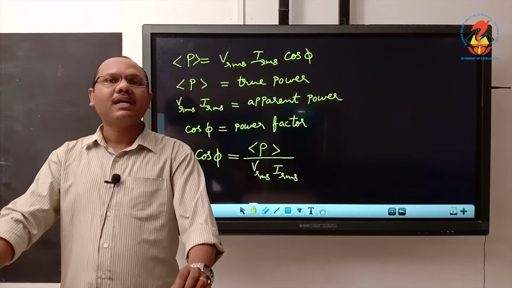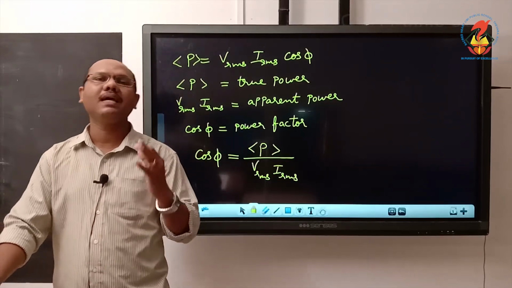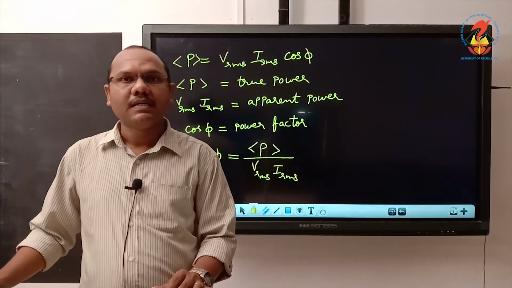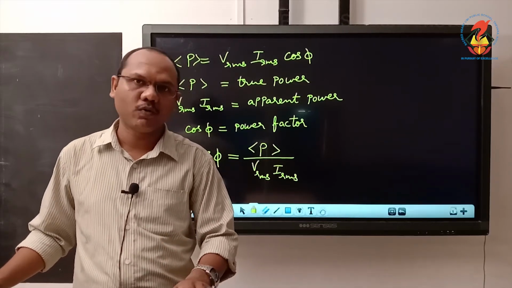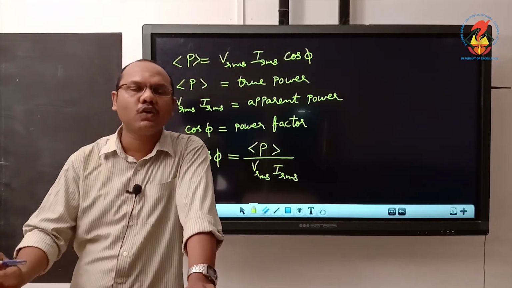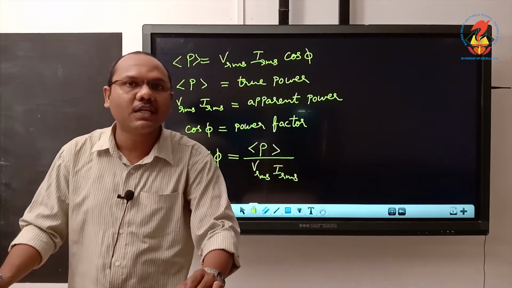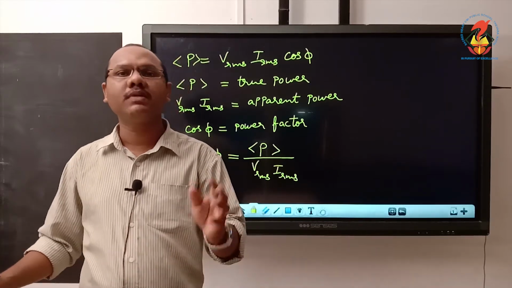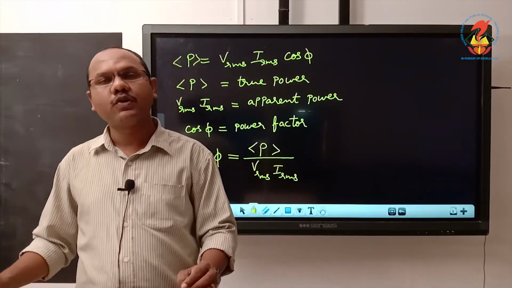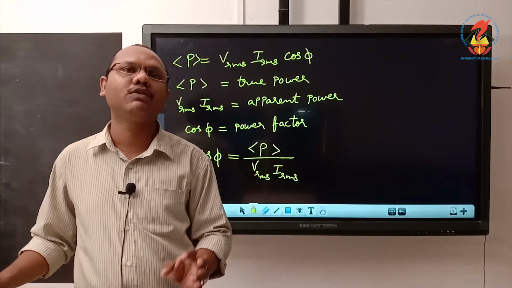Now, when current flows through a purely inductive and a purely capacitive circuit, the power factor will be 0. That means the circuit does not consume any power. So the current will simply flow through the circuit and there is no wastage of energy.